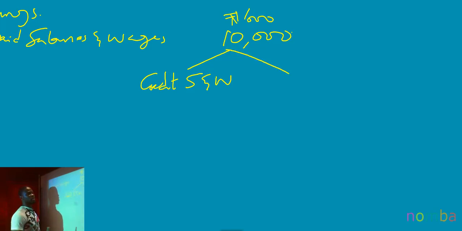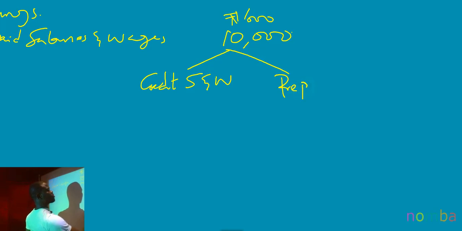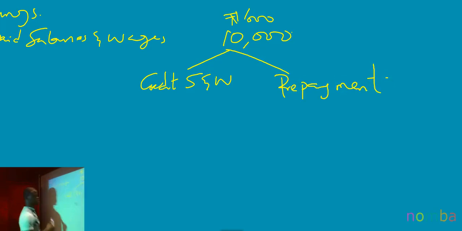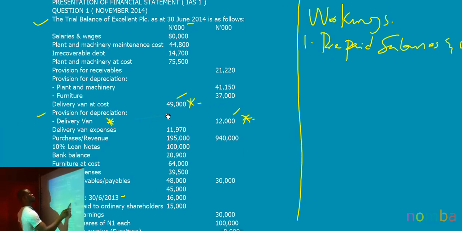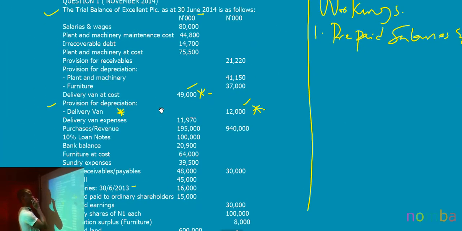And in the statement of financial position, we will debit prepayment. So we are going to have a prepayment in the statement of financial position. Now, in crediting this, we'll go to our trial balance and see our salaries and wages. Here the salaries and wages we have is 80 million.